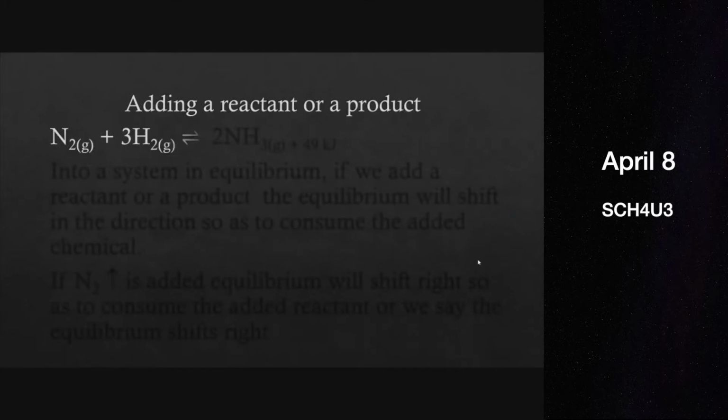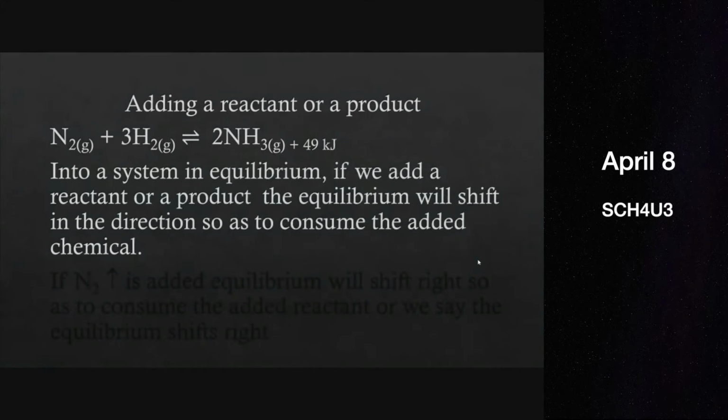So we're going to look at the reaction between nitrogen and hydrogen producing ammonia. This is a homogeneous equilibrium. This is an exothermic reaction because heat is a product here. Now, we are considering that the reactants are placed in a closed system.